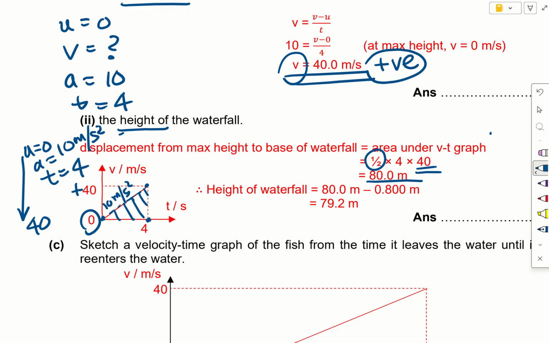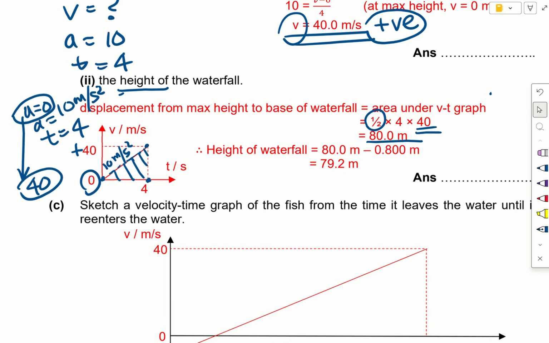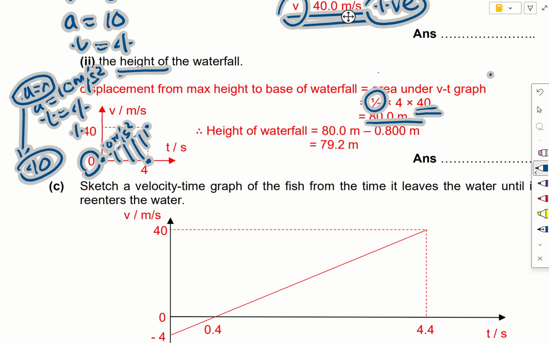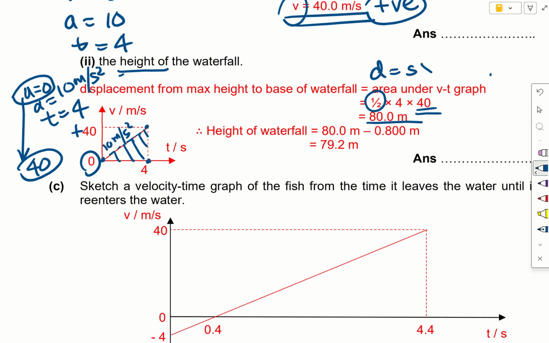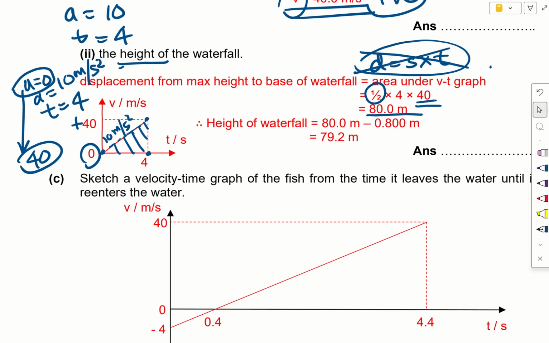It is not true because it accelerated from 0 velocity to 40. So you cannot just use distance equals speed times time. Always check that the velocity is constant before you can use this. If not, you have to use area under the graph.